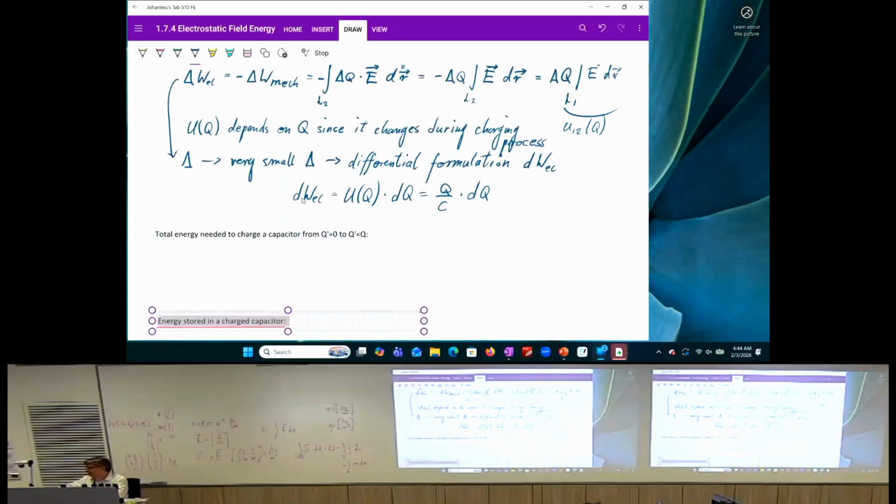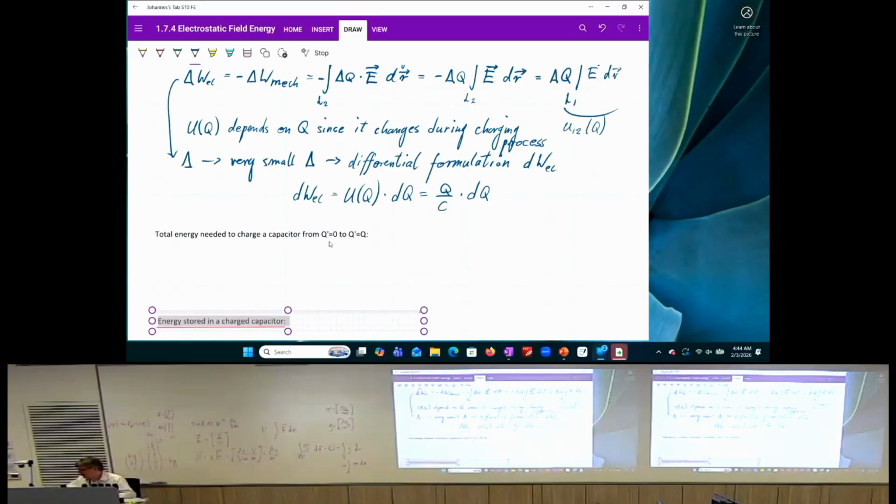And now we want to know the complete energy that we have to put in as we keep charging, putting charge from one conductor onto the other.